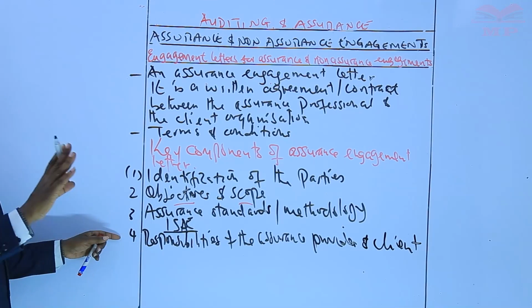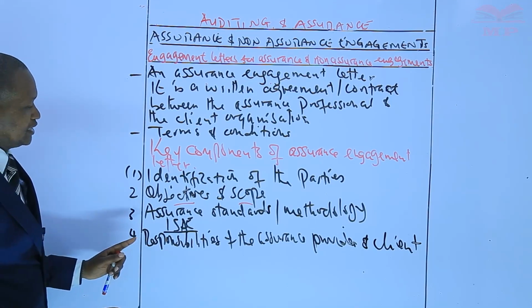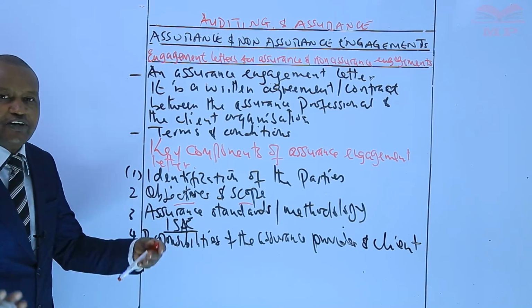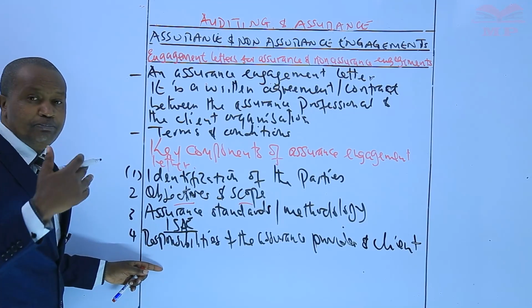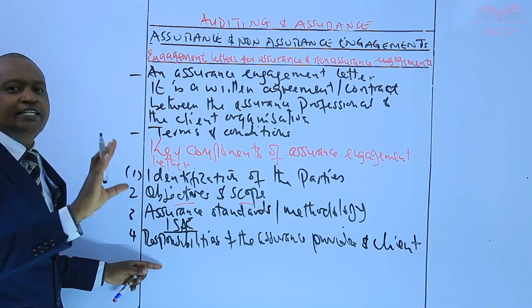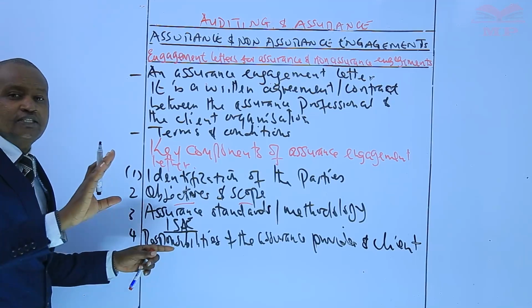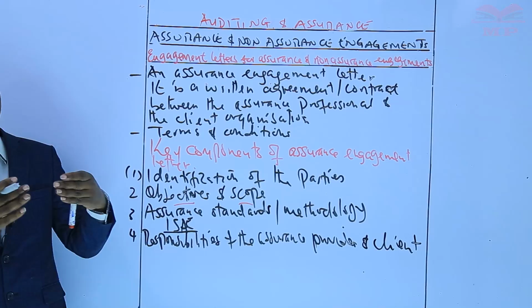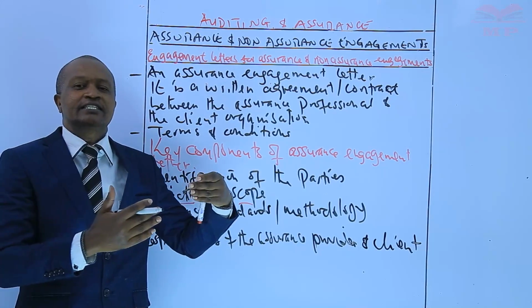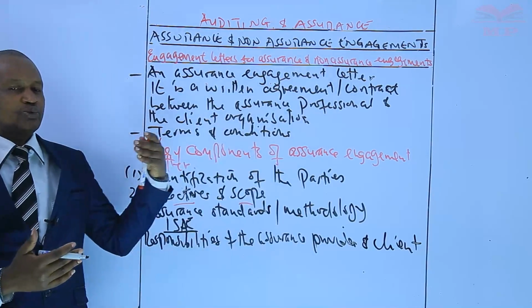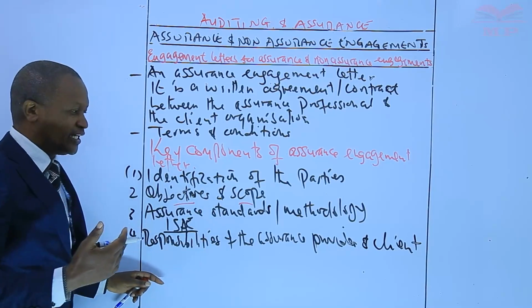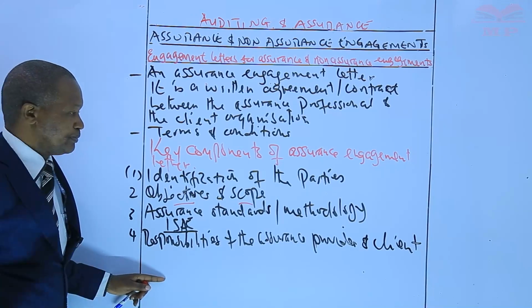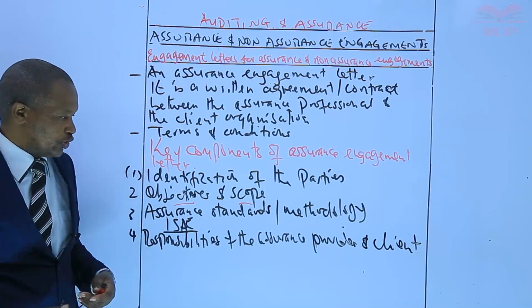There has to be both responsibilities of the parties under this section. This section clarifies the respective responsibilities of the assurance provider and the client, and it outlines the information and assistance the client is expected to provide, as well as the assurance provider's obligations regarding independence, professional competence, and ethical conduct.